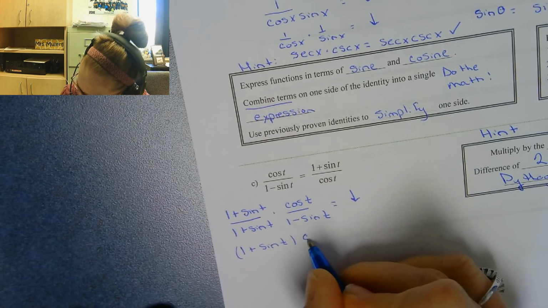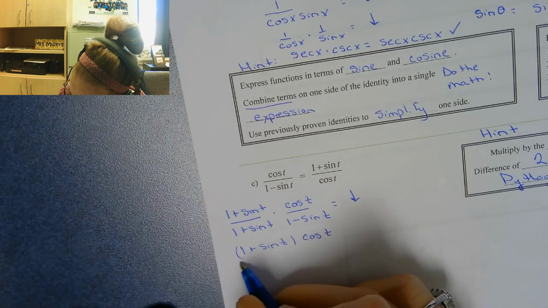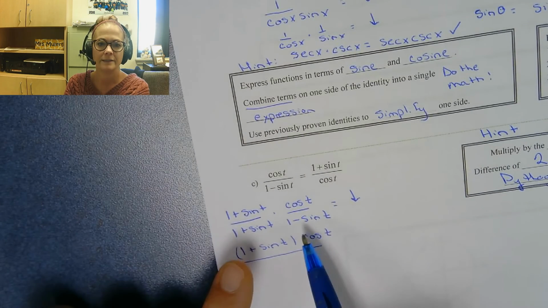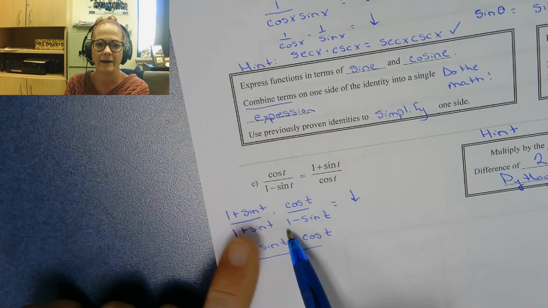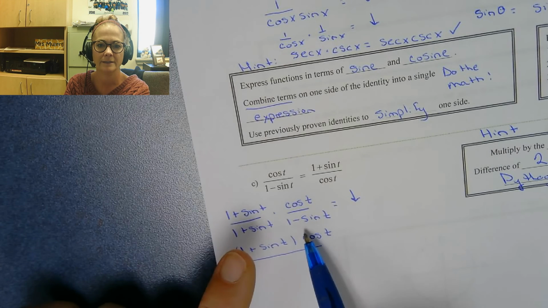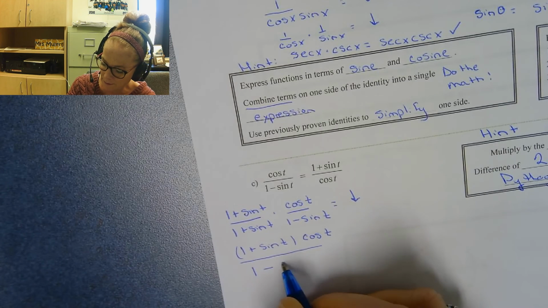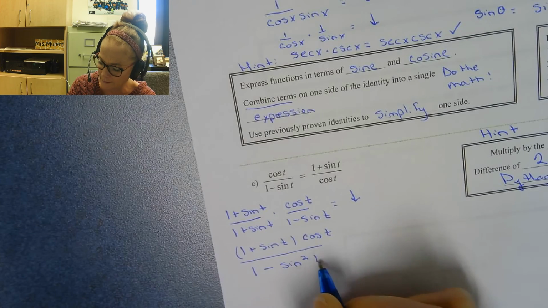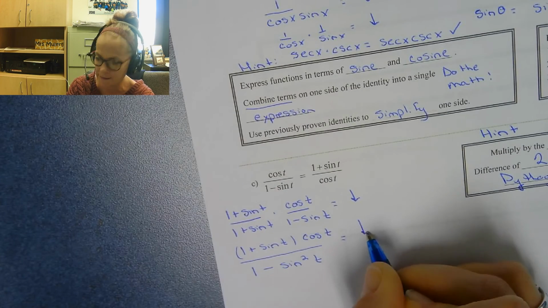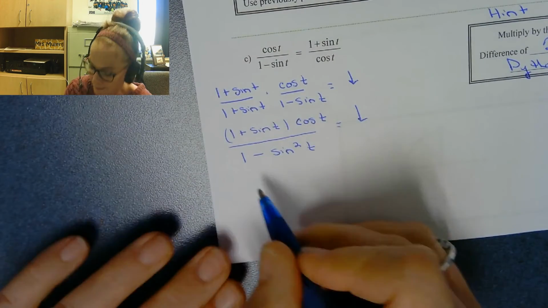Okay, cosine of t, and then this is going to be a difference of two squares, so I just have to F and L it. I don't have to do the O and I because it will cancel. So 1 times 1 is 1 minus sine squared of t, and we see a Pythagorean identity. Woohoo!